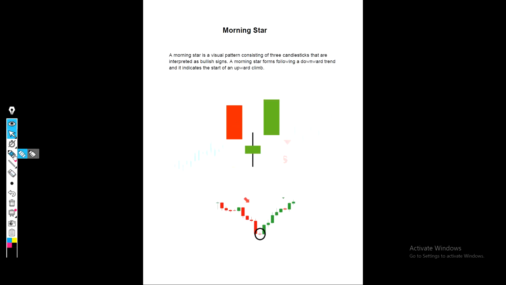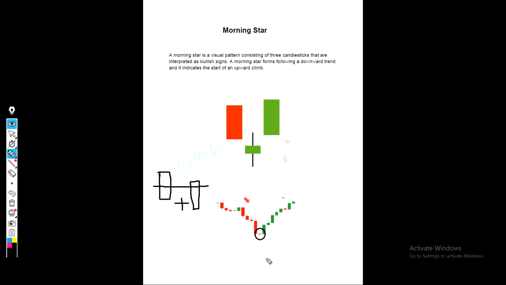Okay, so if the first candle is like this one, maybe a bearish candle, and next is the doji candle, and the third candle should at least take 50% of this candle. That means it should take at least this part. Then we'll call it a morning star pattern.